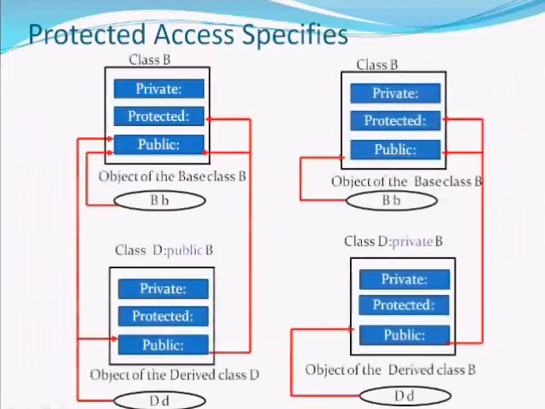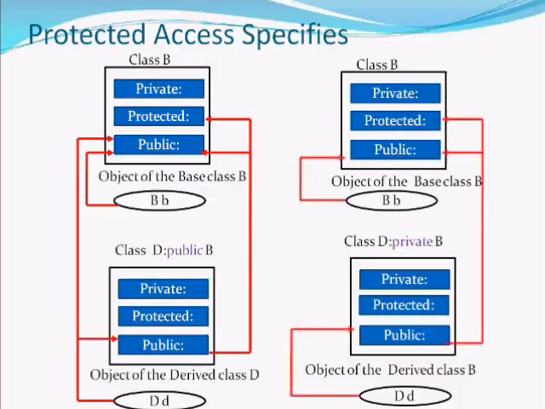Protected access specifiers. Protected inheritance is the last method of inheritance. It is almost never used except in very particular cases. With protected inheritance, the public and protected members become protected and private members stay private.